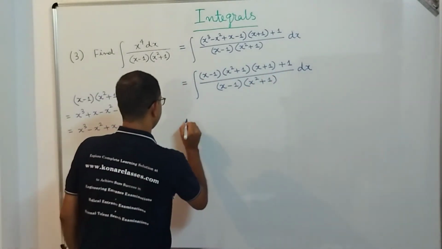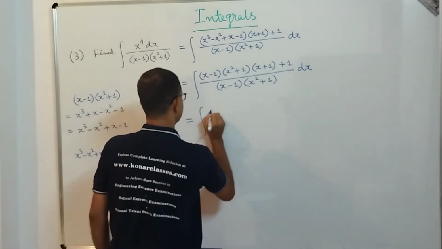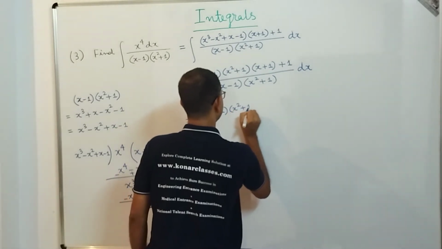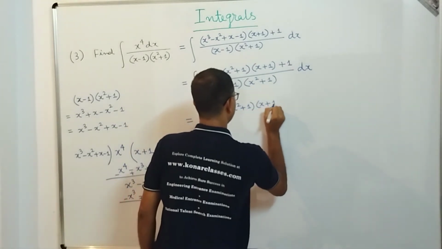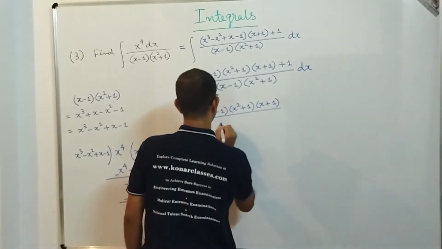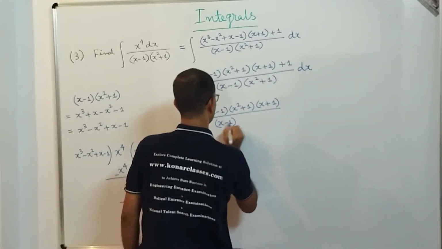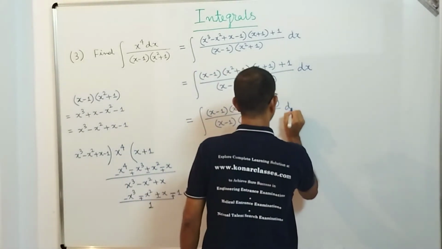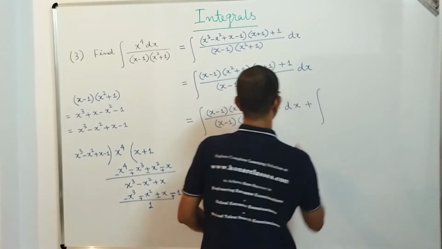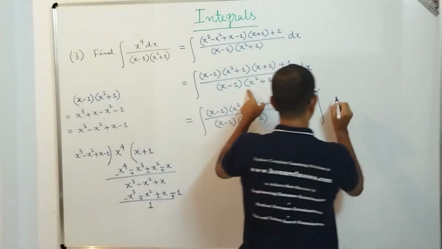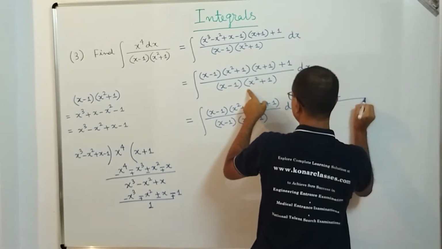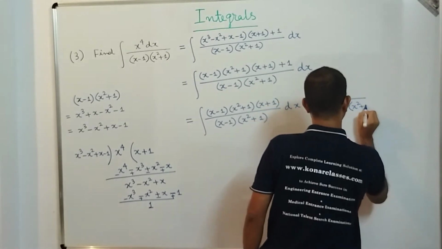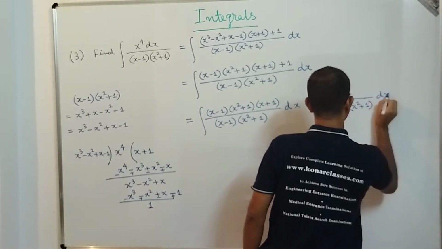So if we write elaborately, that is equal to integration of x minus 1 into x square plus 1 into x plus 1 divided by x minus 1 into x square plus 1, this dx, plus integration of this 1 by this, that means 1 by x minus 1 into x square plus 1 dx.